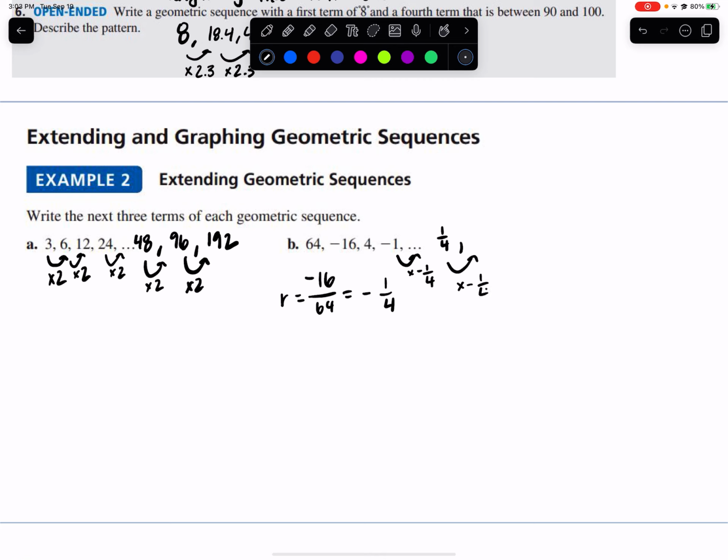Then times negative 1 over 4 is negative 1 over 8. Then times negative 1 over 4 is going to be positive 1 over 32. So those are the next 3 terms of that sequence.